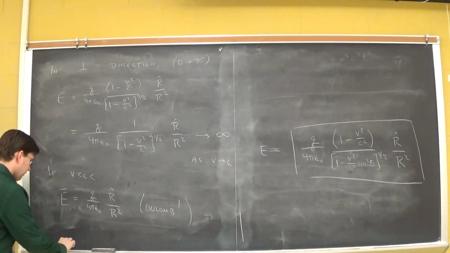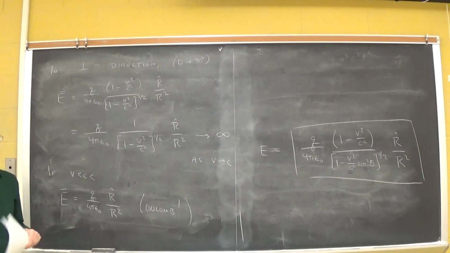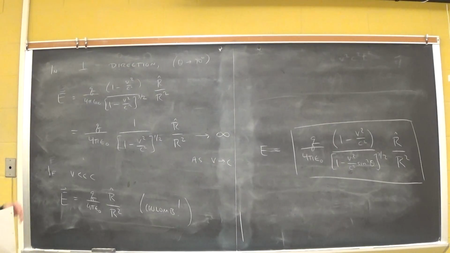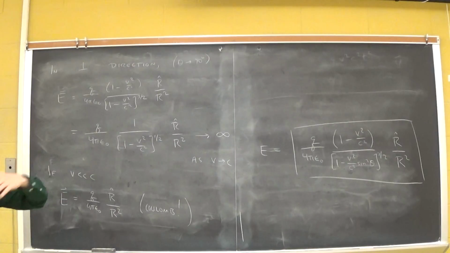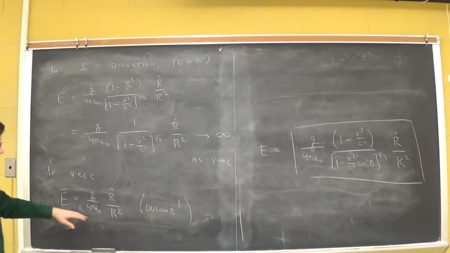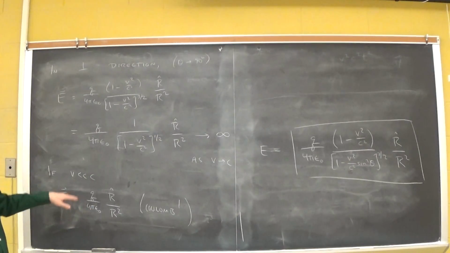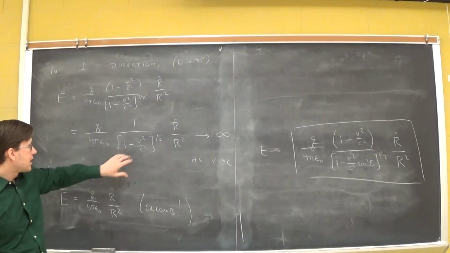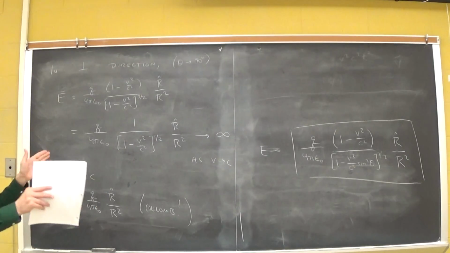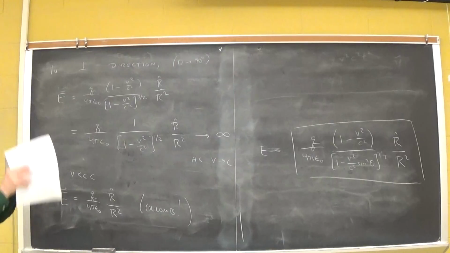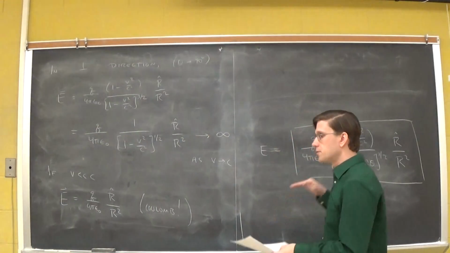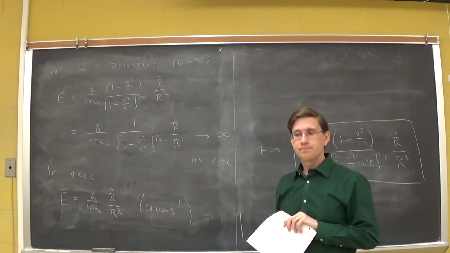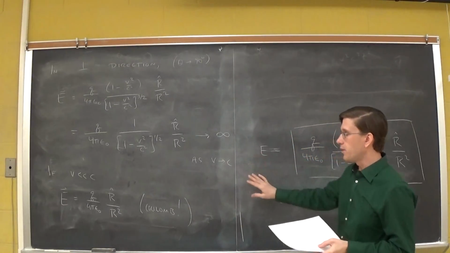So if v is much, much less than c, then all of our electromagnetism kind of looks like a stationary charge, at least at first order. Although when we go to higher and higher orders, if we want to start looking at corrections to this electric field, then we have to be sensitive to the fact that there is a little bit of an enhancement perpendicular to the motion, and a little bit of a decrease in the strength of the electric field along the direction of motion. Okay, so with that, we are finally at an end.